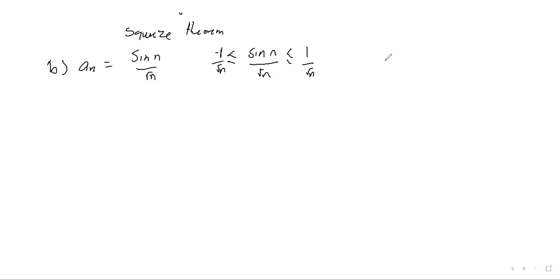So if I have this, then I'll just get the limit as n goes to infinity of -1 over the root of n. So this gets to 0. We check also the limit as n goes to infinity of 1 over root of n.